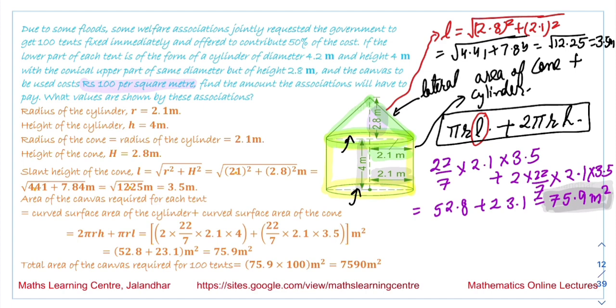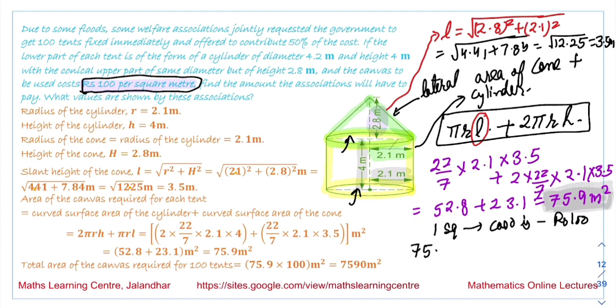Next we are given over here that the cost is rupees 100 per square meter. So for 1 square meter, the cost is rupees 100. Now how many square meters do we require? The canvas, it is 75.9 meter square we require. So the total cost will be 7590 rupees. So this is the cost for one tent.